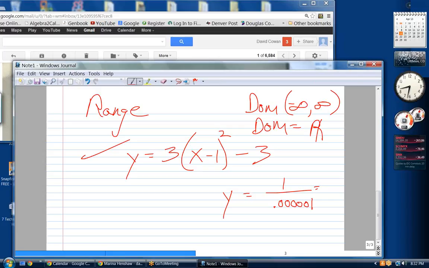You see that? Well, if I make x negative that number, then y actually approaches negative infinity. So y can go to negative infinity, and it can go up to positive infinity.